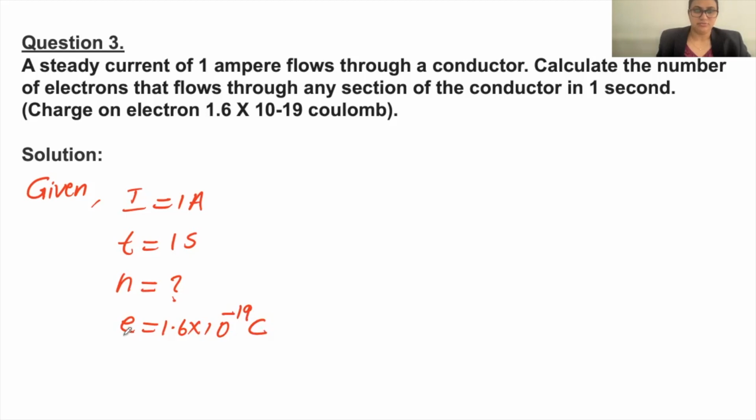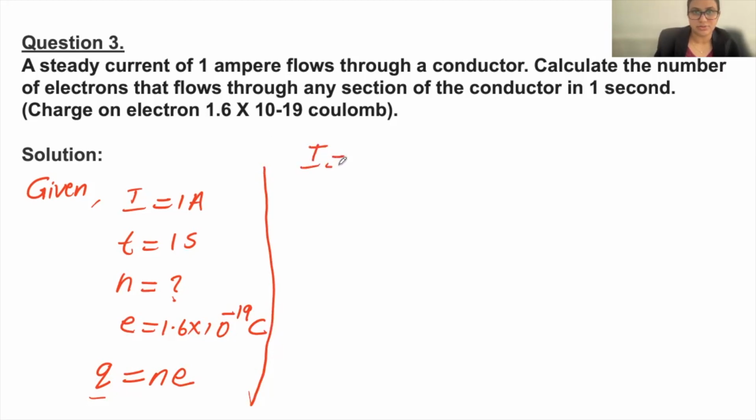And for calculating the number of electrons, we have the equation Q is equal to N into E, where N is equal to Q by E. But we don't know the charge Q. So we have to calculate that using which equation?